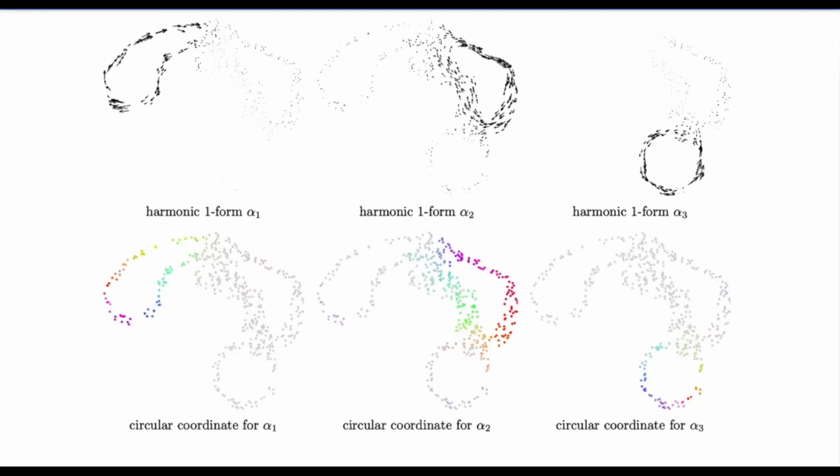So we take the Hodge Laplacian as a matrix and diagonalize it, and the first 3 eigenvectors are these 3 things, which quantify the fact that there are these different holes in the space. Taking it a step further, we can find circular coordinates for these. These are like an angle from 0 to 360 that measures how far around each of these you are.